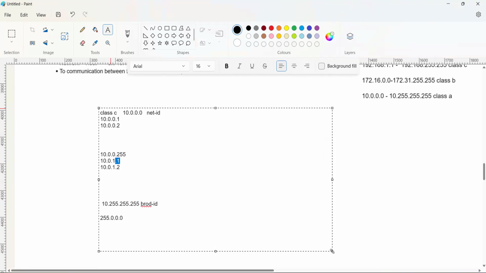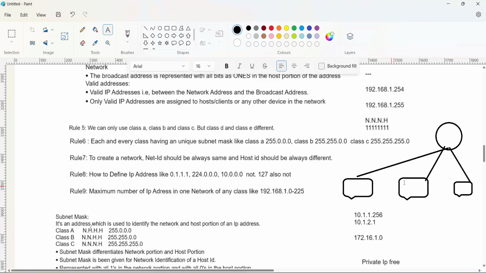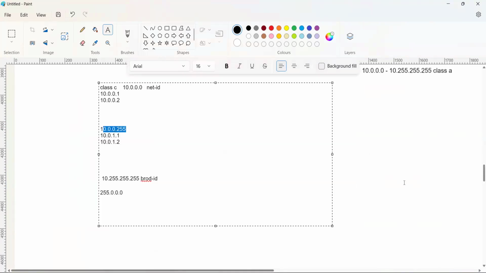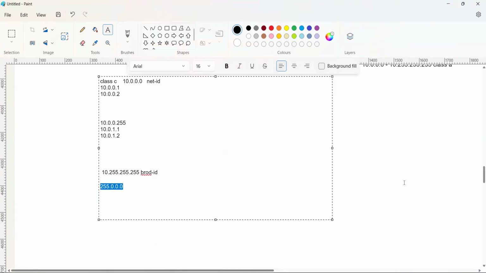We are changing this much information, and up to that many valid IP addresses you will get. 16 billion valid IP addresses you will get. So the last we can change up to this one. These are all the host bits. This is the network bit, and this one is a host bit, this one is a host bit, and this one is a host bit. Whichever host bits you are changing, you will make the subnet mask 0.